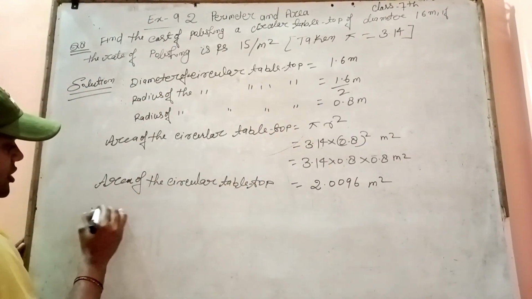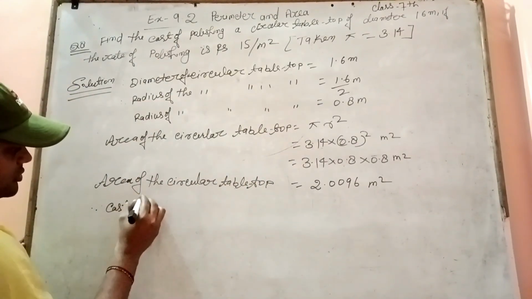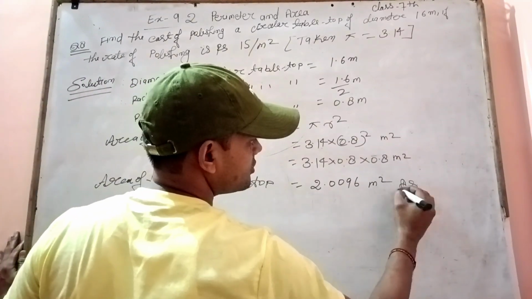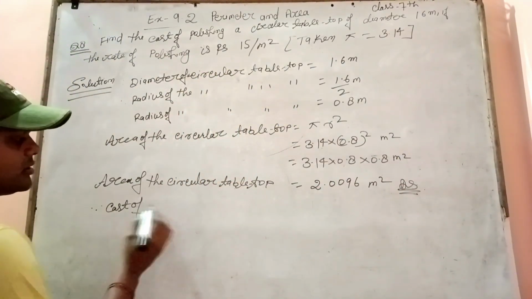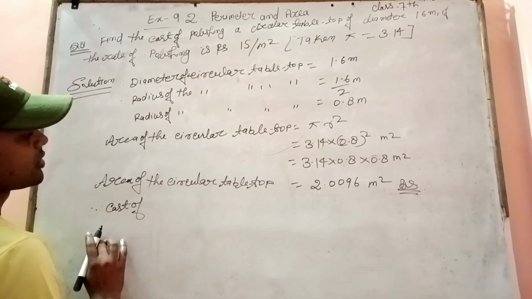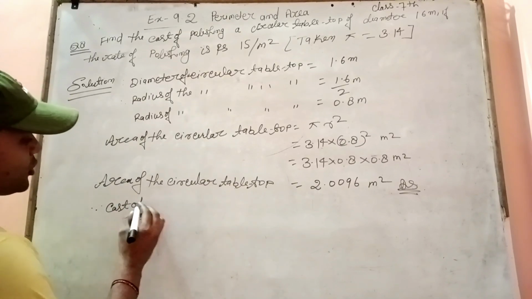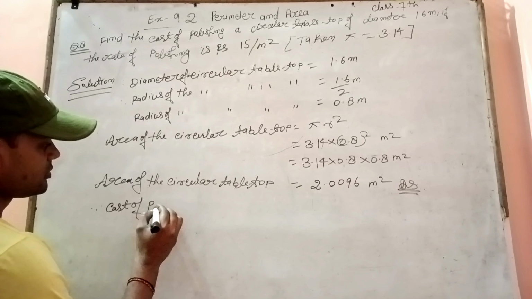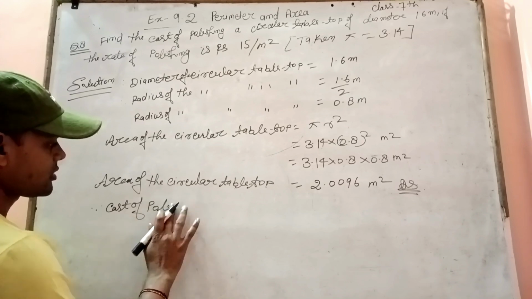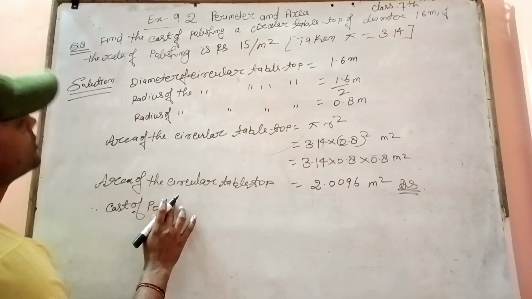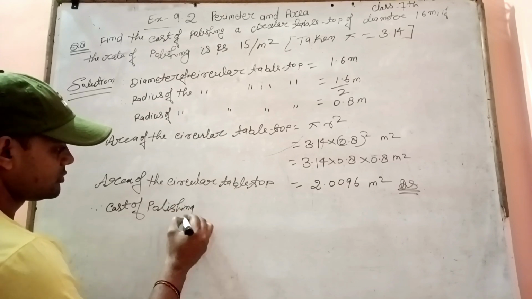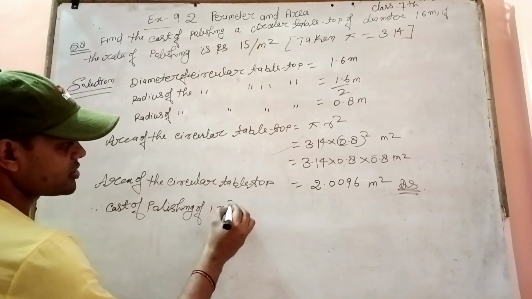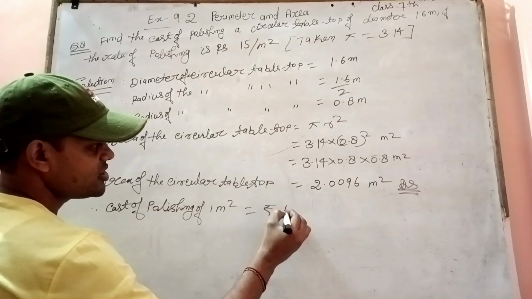Cost of polishing of 1 meter square is equal to rupees 15.